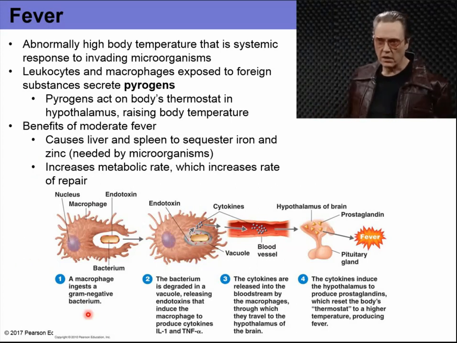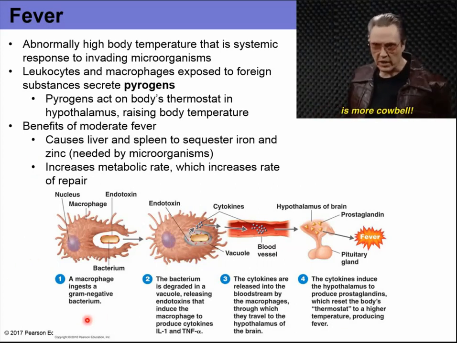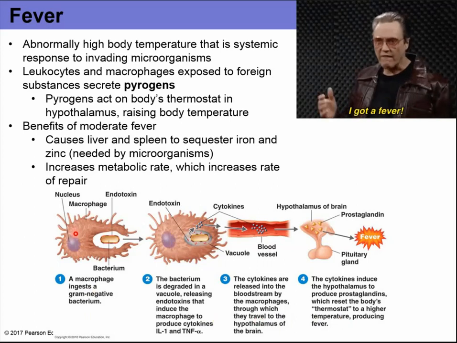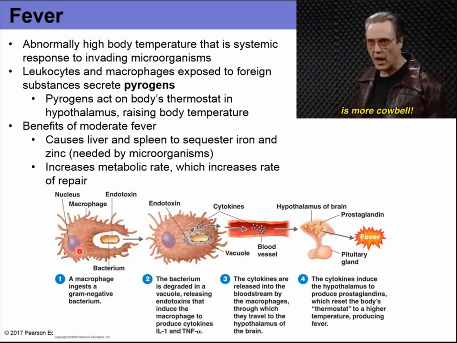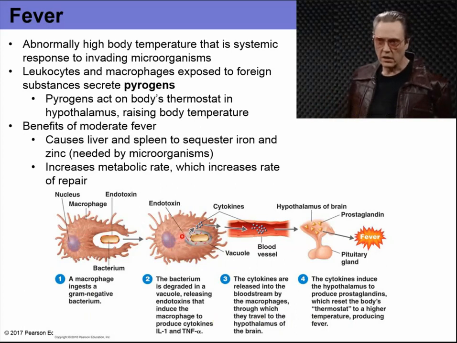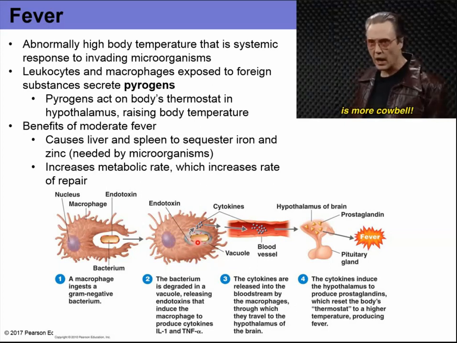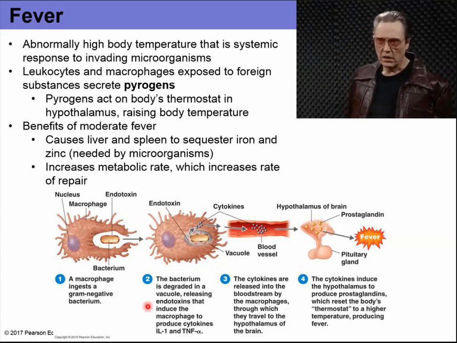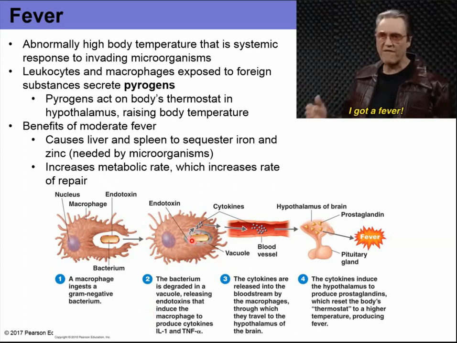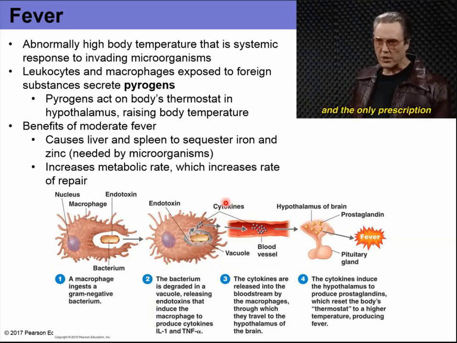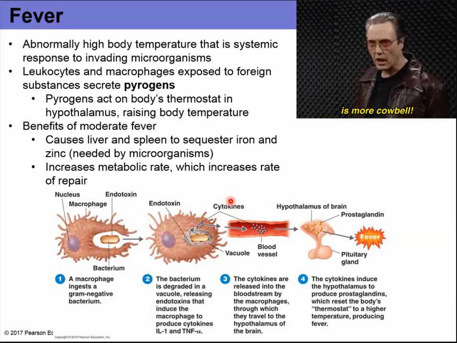So again, this is just kind of showing the steps of a fever response. So we have a macrophage that encounters a bacteria. So the bacteria is going to be degraded by the macrophage, but in the process it can release some endotoxin, so that's going to have the macrophage release some of those inflammatory chemicals or some of those cytokines.